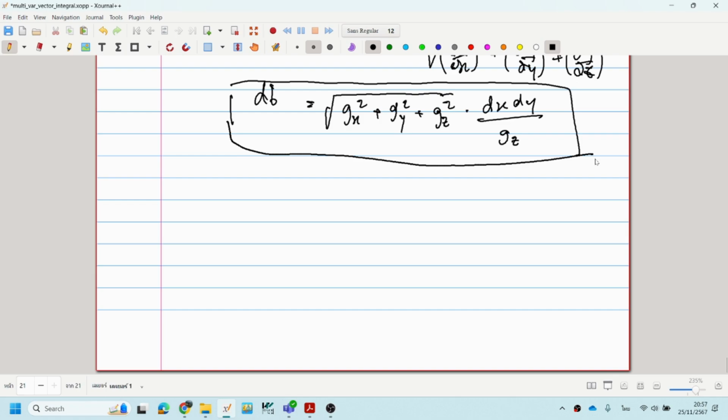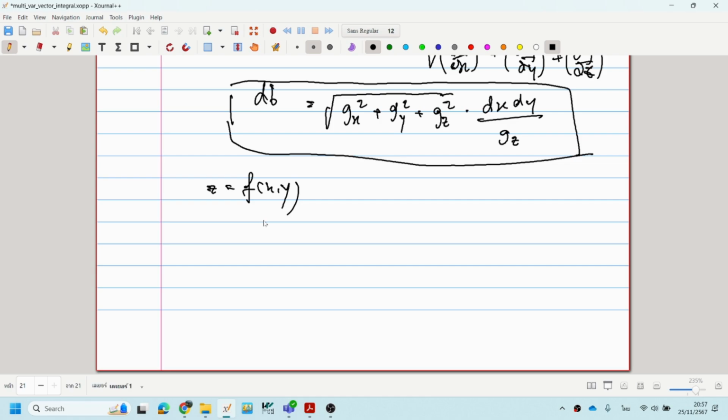Sometimes the problem is different. It defines the surface like this: z equals a function f, with independent variables x and y, multivariable.